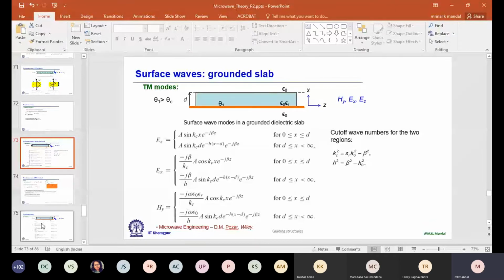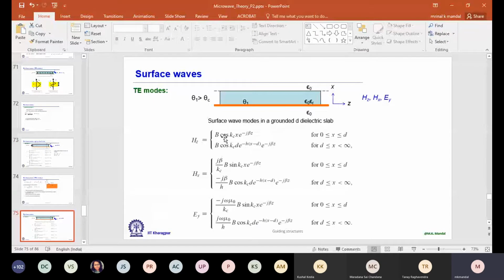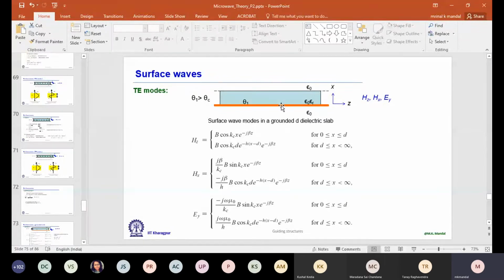Now, what about TE mode? Why did I not consider TE mode for microstrip line? Because if I look here, we have mostly the EY field component, which is perpendicular to the direction of propagation and parallel to the interface. If I now go back, you check EY, it is parallel to the air dielectric interface and perpendicular to the direction of propagation.